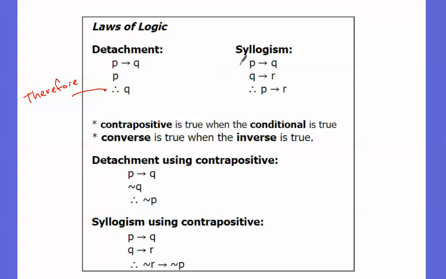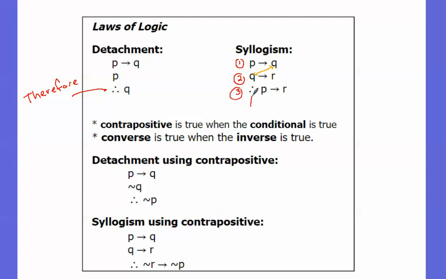The law of syllogism essentially links several of them together. The first statement says if P, then Q. The second statement says if Q, then R. Notice that the conclusion of the first one becomes the hypothesis of the second one. The third statement in this case is going to be the conclusion.